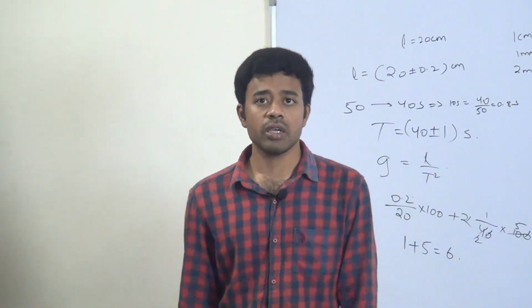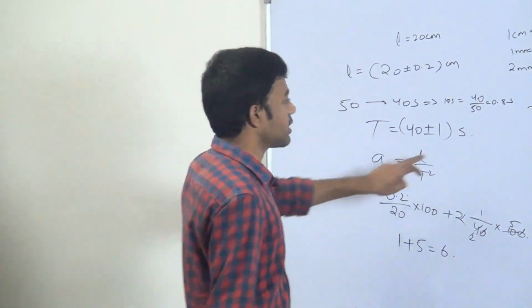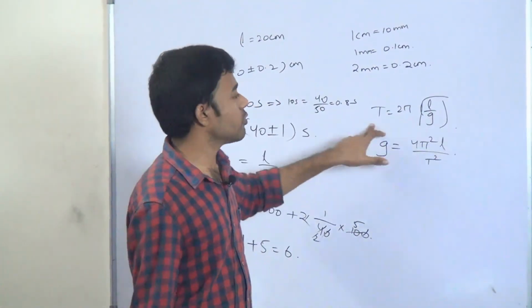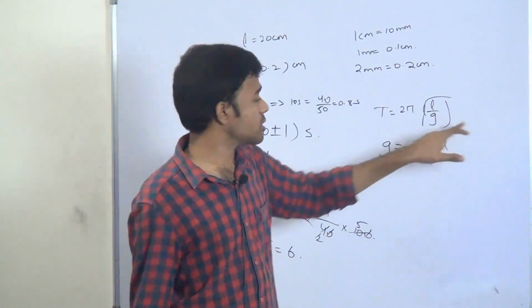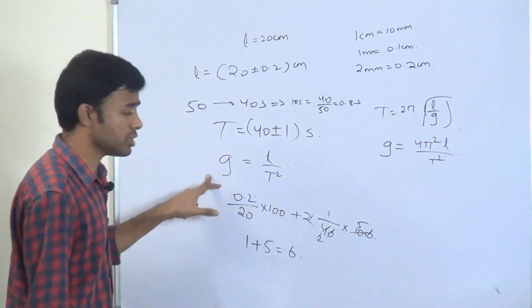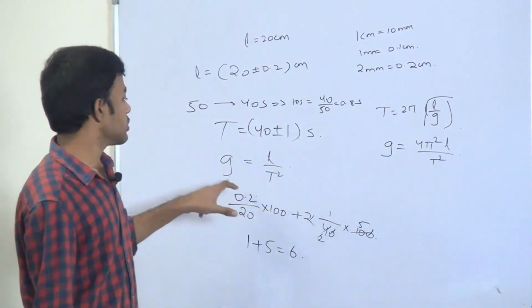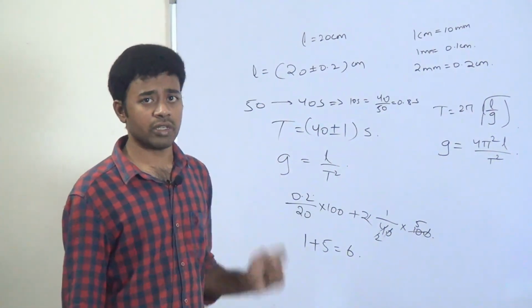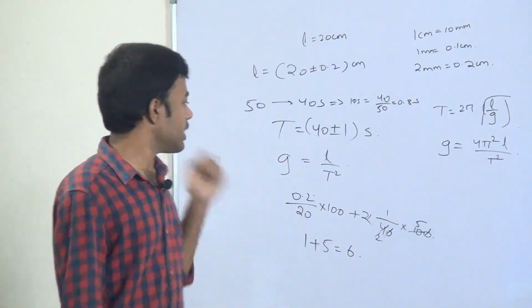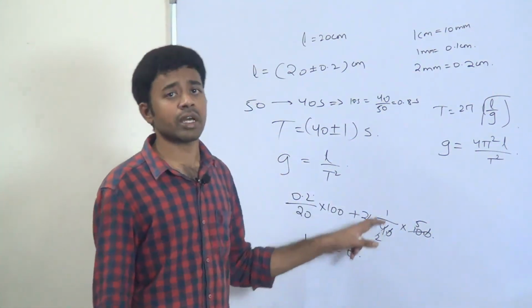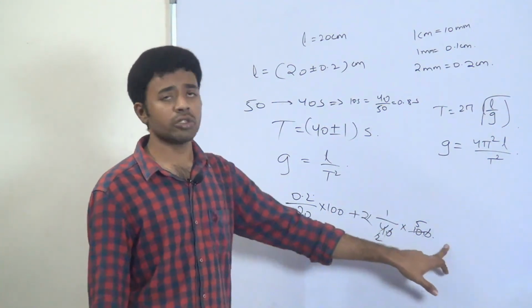Again here we have the time period equal to 2 pi root L by G. If you square both sides as in the previous problem, we get G equal to 4 pi square L by T square. So G depends on L and T square. Here the error in L by the actual length into 100, plus, since it is T square, 2 into the error in time by the actual time into 100.